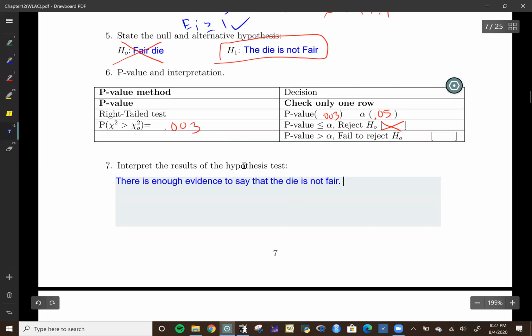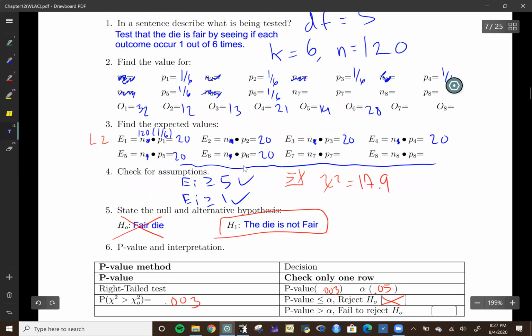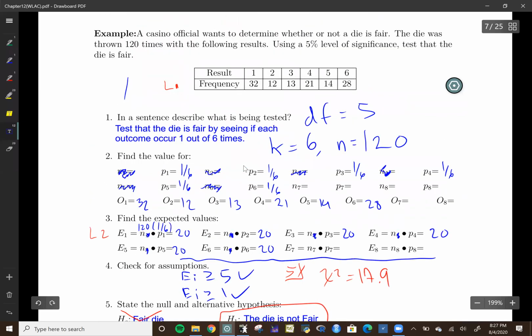But you should have already had an inclination of it, because if we compare our expected value to what we actually got, they're pretty far off. One occurred 32 times, but the expected value should have been 20.